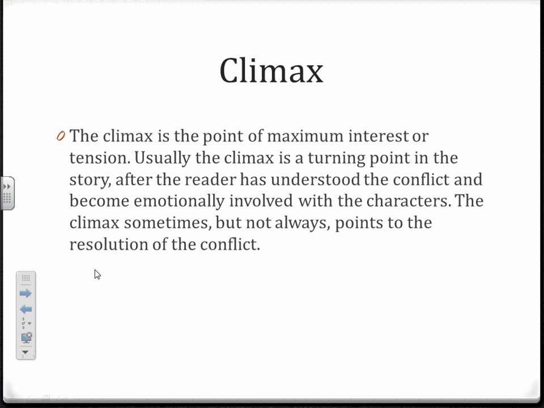In this particular case, it states at the end that the climax sometimes points towards the resolution or the denouement. Sometimes you can tell from your climax how things are going to end. Sometimes you can't. Because something will happen in falling action that'll sort of negate the climax or make it so the climax doesn't matter anymore.